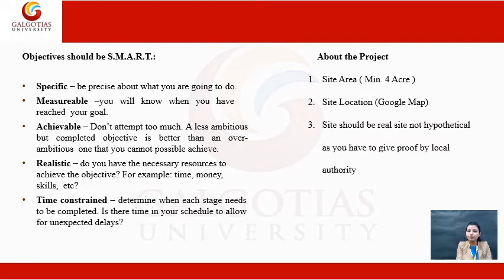And the site should be a real site, not a hypothetical site, as you have to give proof by local authority. So when you choose your site, make sure it should be minimum 4 acre and a nearby, reachable location, and the site should be a real site, not a hypothetical site.